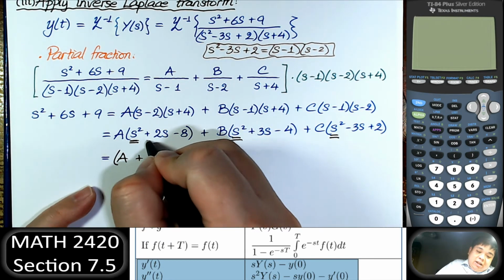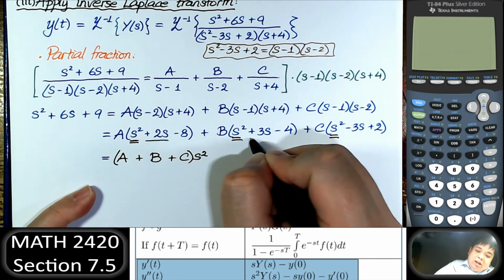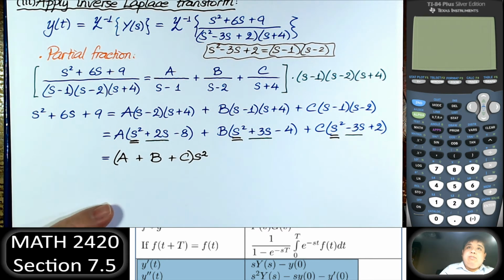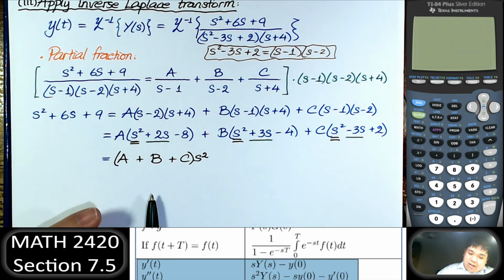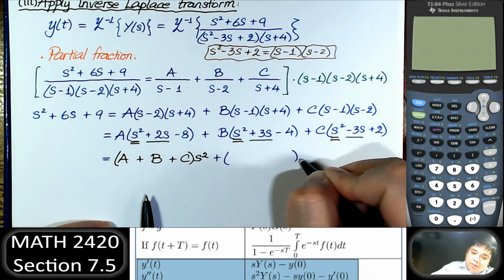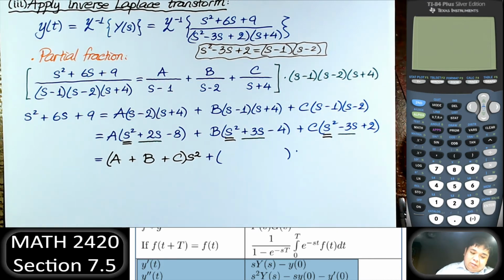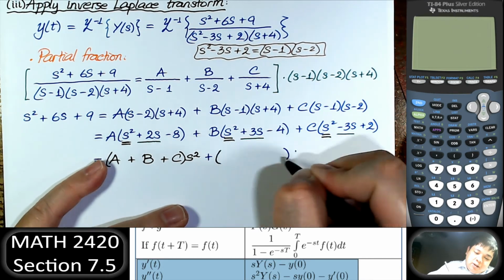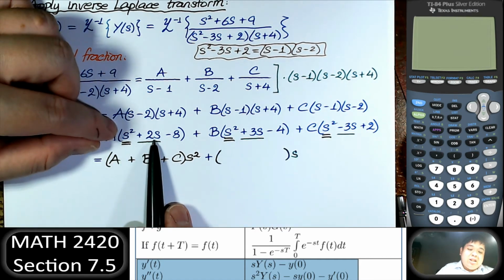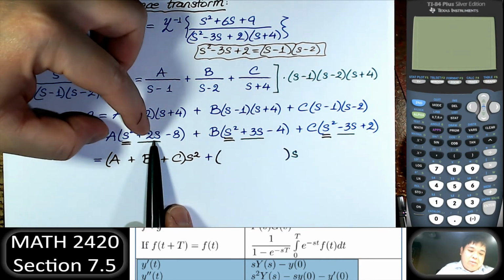Next, we have 2s, 3s, and minus 3s, right? So factor out s. We have 2s, but it's with an A, so we have 2A.